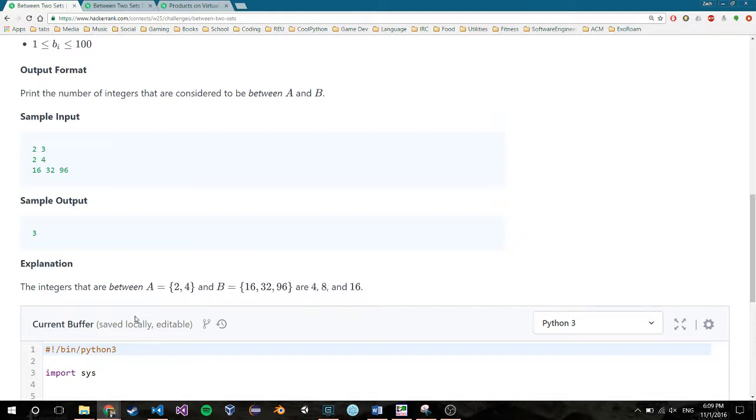So your output would be 1. So in that case, if you chose 5, then you would be going up to like 15, 20, 25.